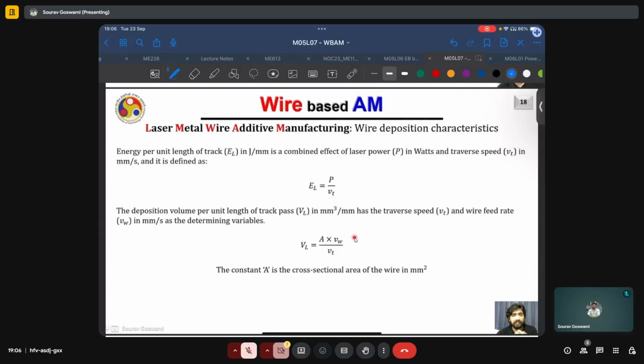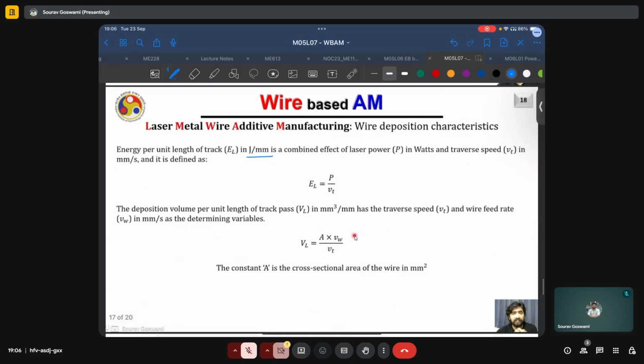Energy per unit length of track has the units of joule per mm and is given as power by traverse speed. Power will have units of watt, so joule per second, and traverse speed will have units typically of, say, millimeter per second, and so these will have the units of joule per millimeter, as we already saw.